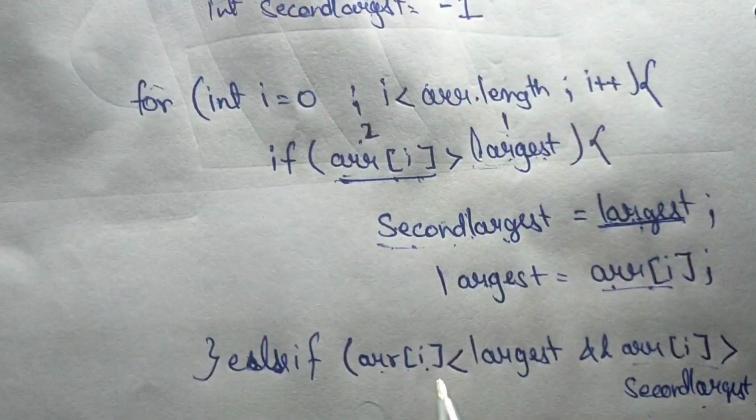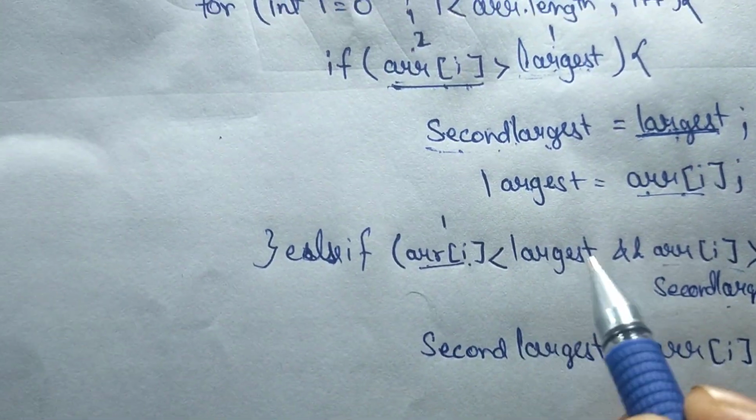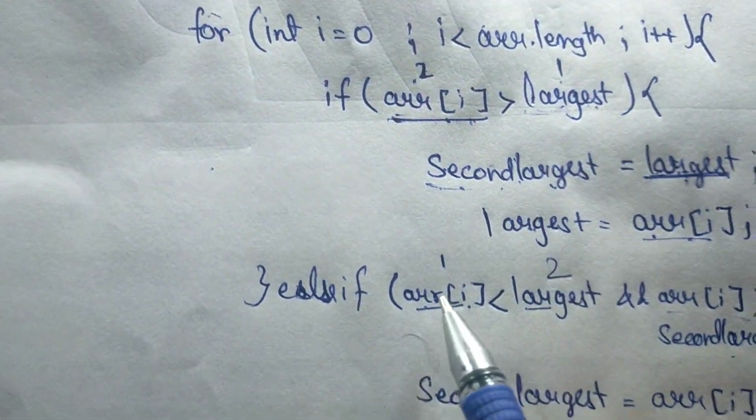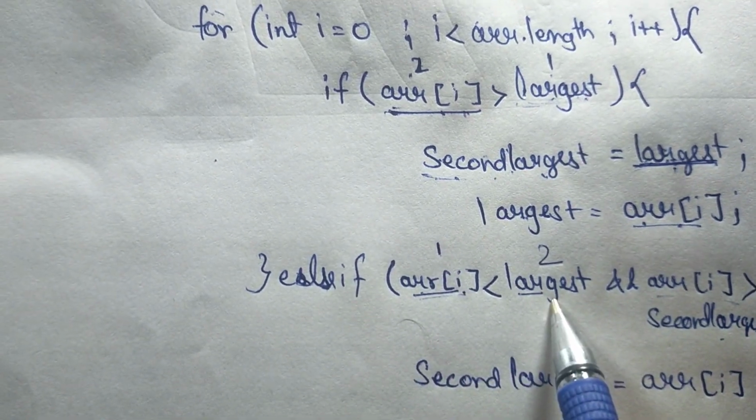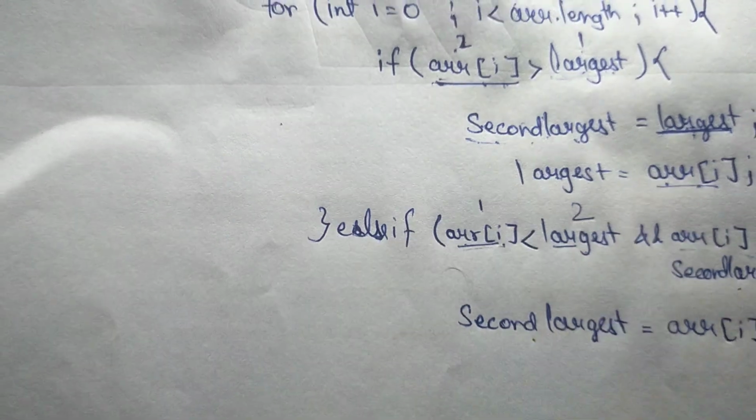Understand this: if array of i is 1 and the largest is 2, then array of i is smaller than largest, so automatically it will be assigned to the second largest. Understanding?